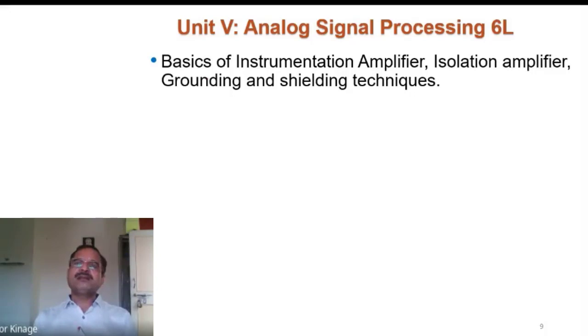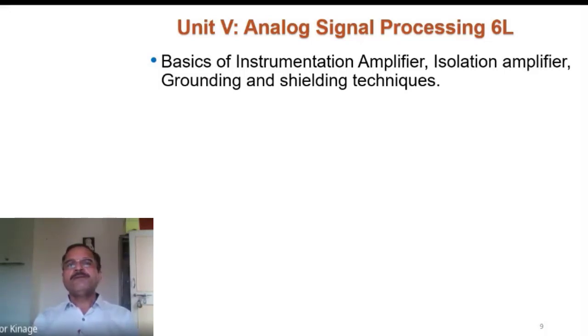So there are different types of signals generated by our organs. But in our syllabus, we'll be focusing mainly on ECG and EEG, that means the brain signals and the heart signals. Okay, so that was our unit number 3 and unit number 4.